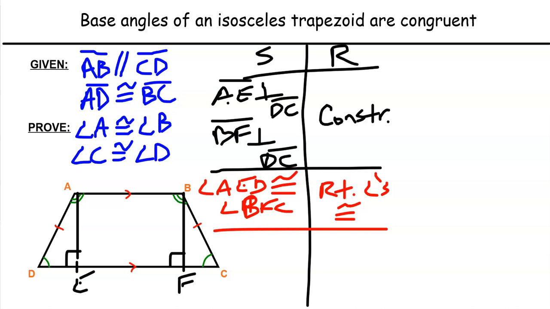We also know that parallel lines are equidistant from each other always. So the lengths of the perpendicular segments that are made between two parallel lines are always the same. We showed that in a previous module. So in this case, AE is congruent to BF.